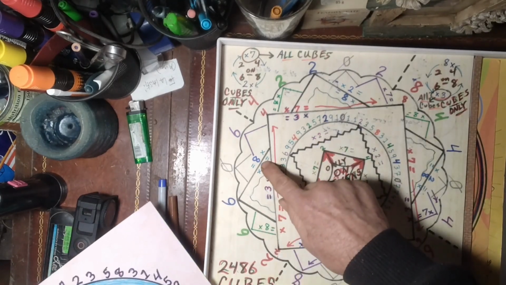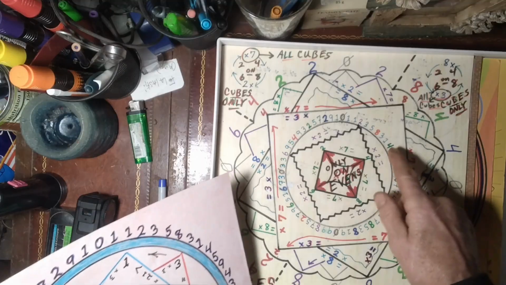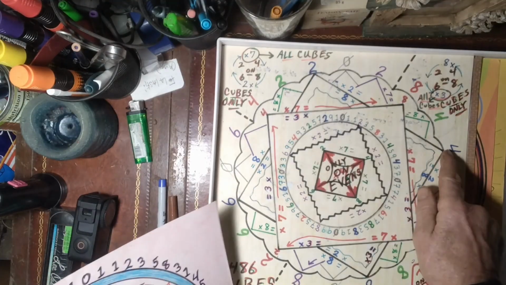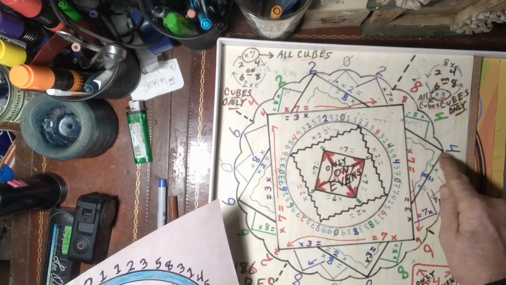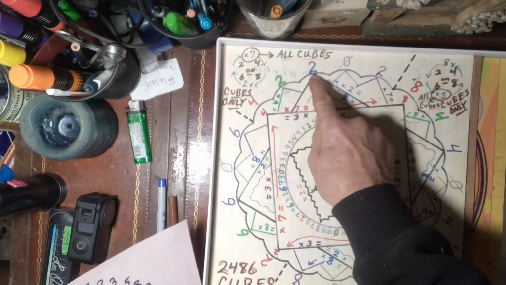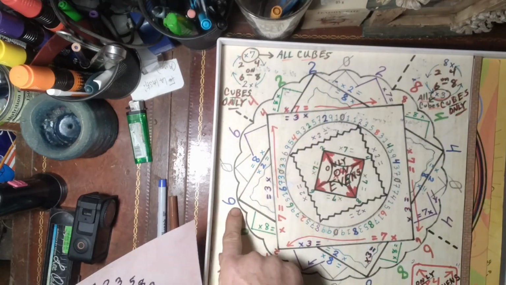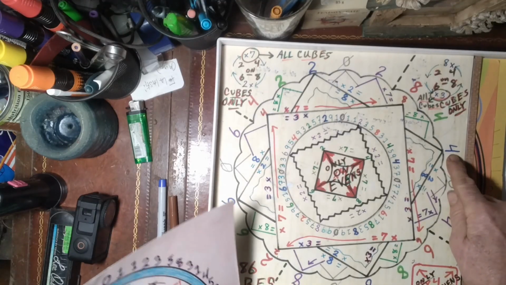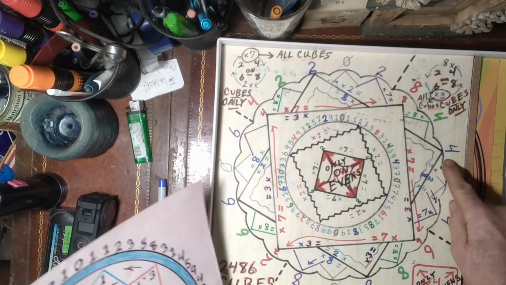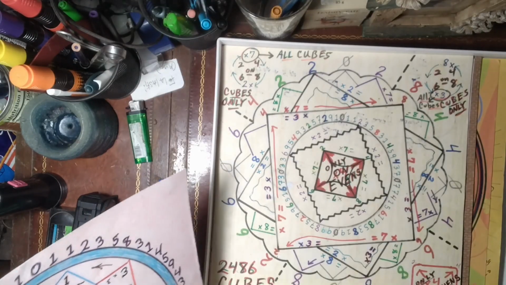Look at which direction is times 8. So 4 times 8 is 32. 2 times 8 is 16. 6 times 8 is 48. 8 times 8 is 64, I think. You see how it's actually working.